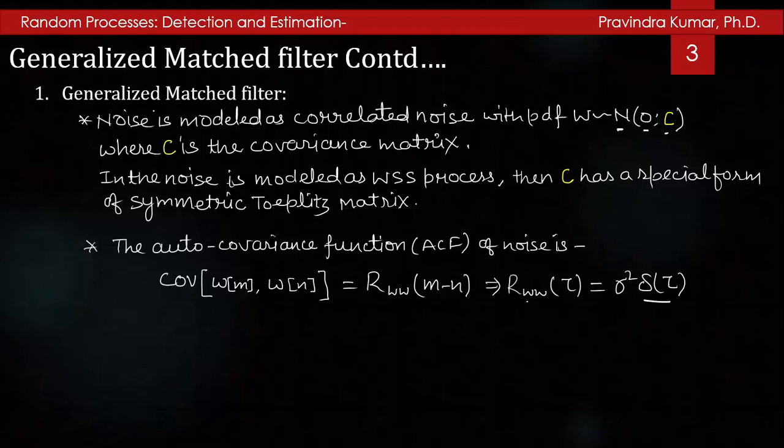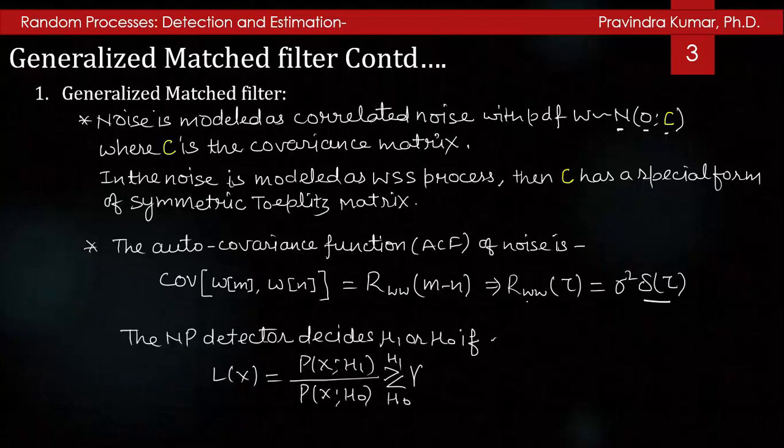Now, for the performance of the NP decision rule, we perform the likelihood ratio test with the PDF under hypothesis H1 and the PDF under hypothesis H0. The NP detector decides H1 or H0 if the likelihood ratio, the ratio of the PDF under H1 to the PDF under H0, is greater or less than the threshold value gamma.